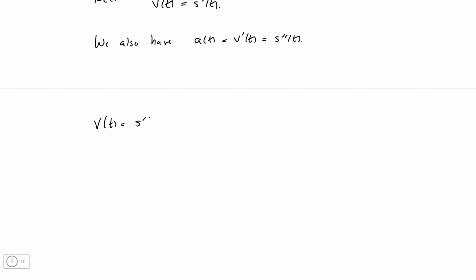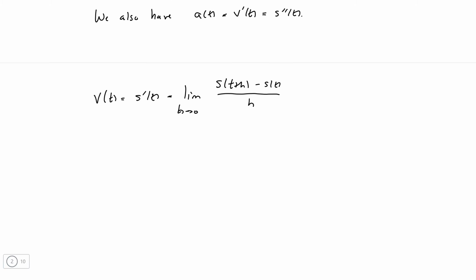The velocity is the derivative of the position, so let's use our formula here. We just do exactly what we've been doing so far, plugging into the actual function, and then we're going to do some algebra.